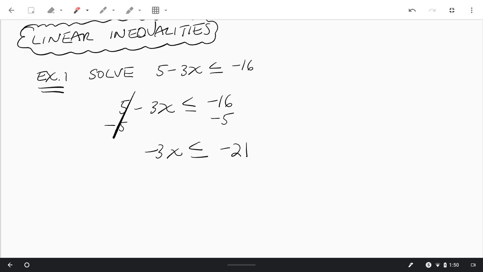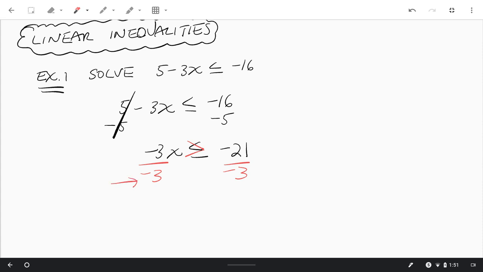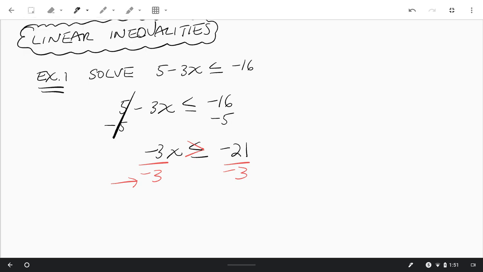When I divide by this negative number, the inequality will switch directions, and that's only if you are dividing or multiplying both sides by a negative number. So on the left-hand side, we end up with x is greater than or equal to positive 7.